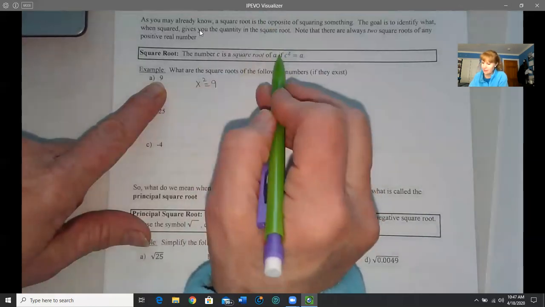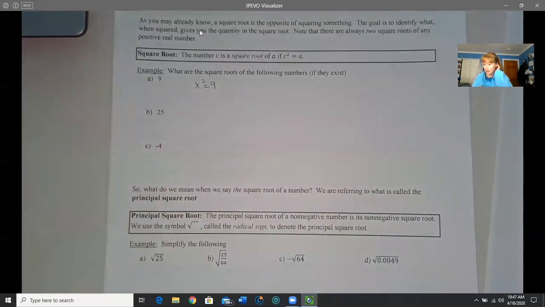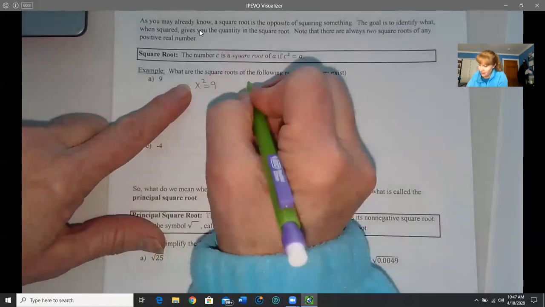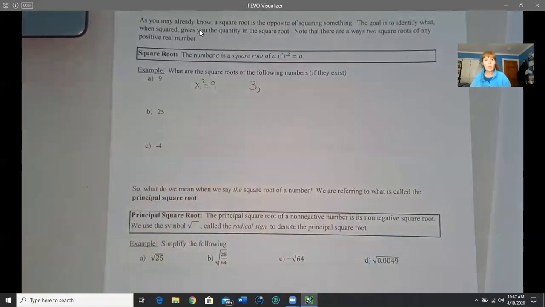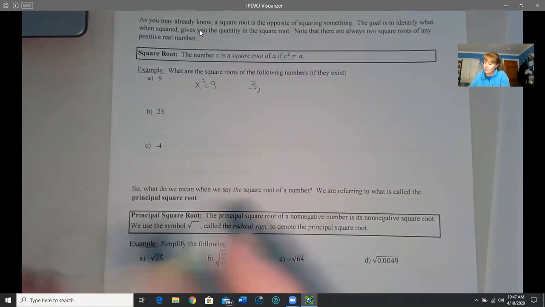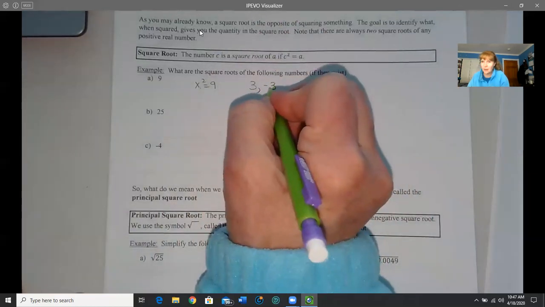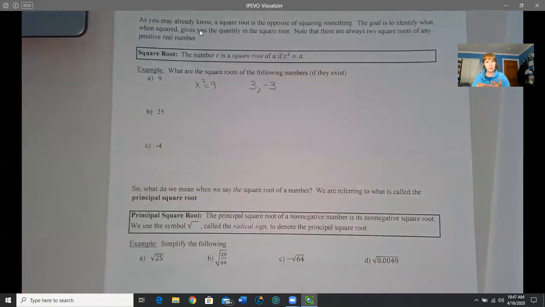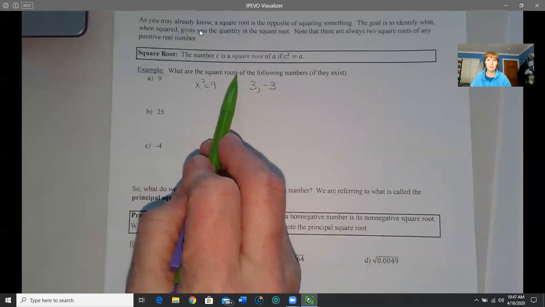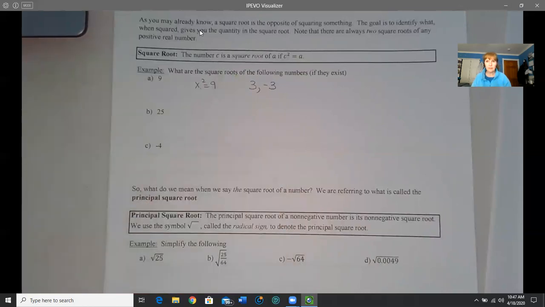You could say 3, because 3 squared is 9, so it's a solution. The other is -3, because -3 times -3 is also 9. So the square roots, and there's a key right there, it's plural, are 3 and -3.